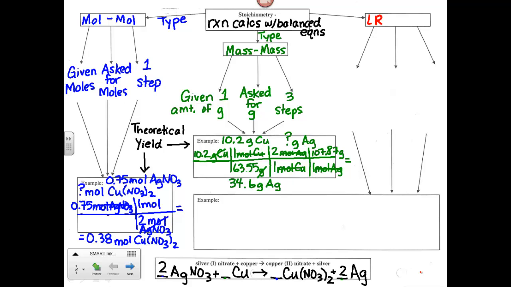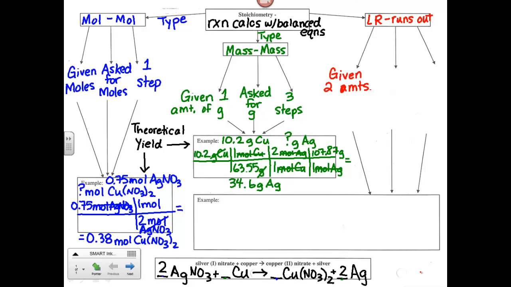I'm just going to abbreviate limiting reactant. And we know that those were a little bit different because something in that reaction is running out. Something runs out or limits how much product you get. How do you recognize a limiting reactant question? Instead of being given one number in the question, you would be given two numbers, two amounts.